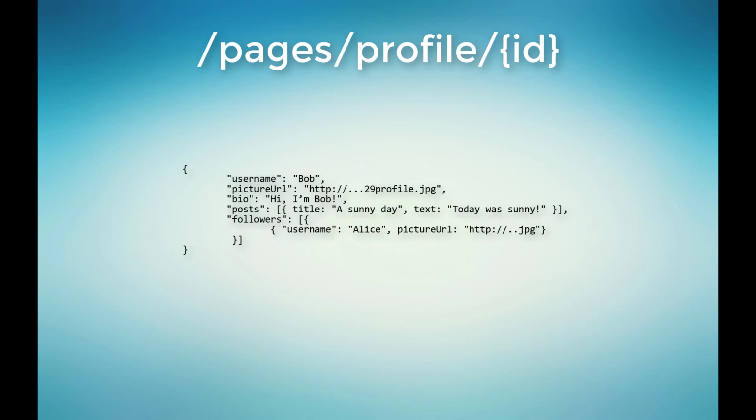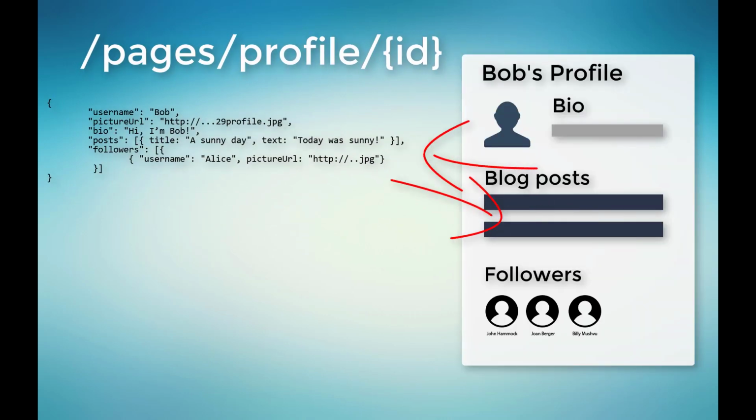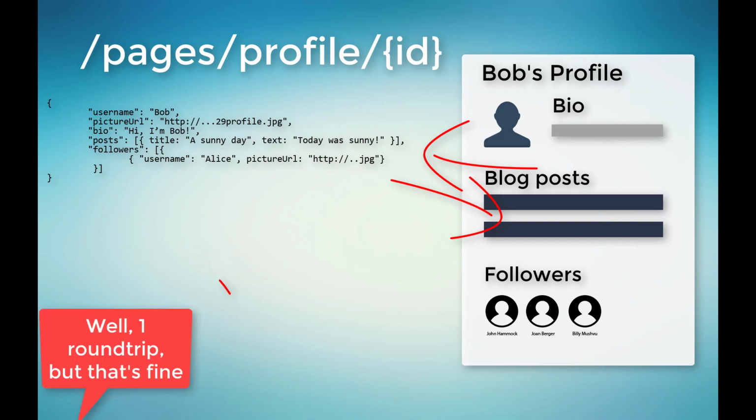We can make one like /pages/profile page/the user ID. Now when we go to this endpoint with Bob's user ID, we see this. We see Bob's username, his followers, the bio, his profile picture, the post. So basically we're getting all the data we need to show on this profile page. Problem solved, no round trips, right?